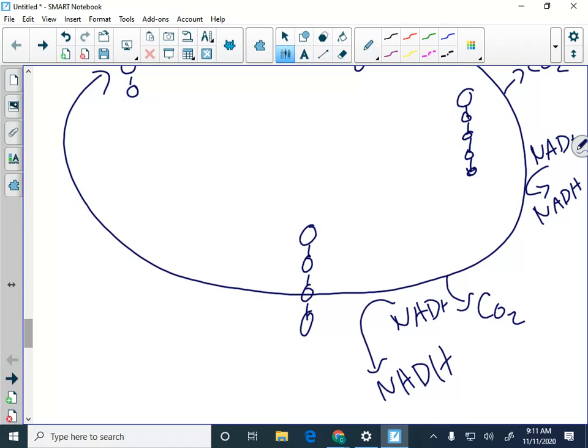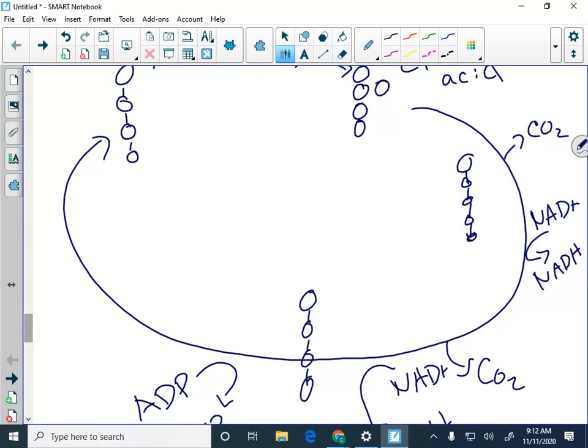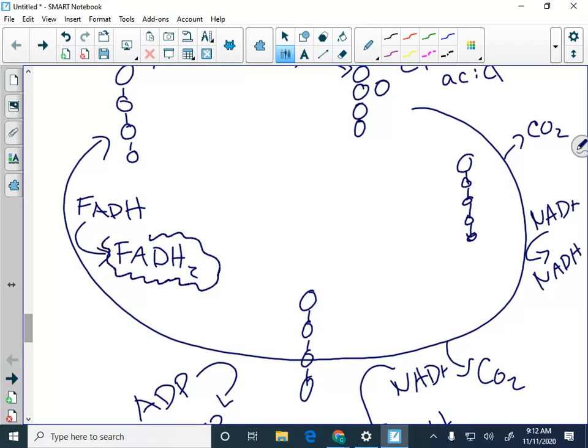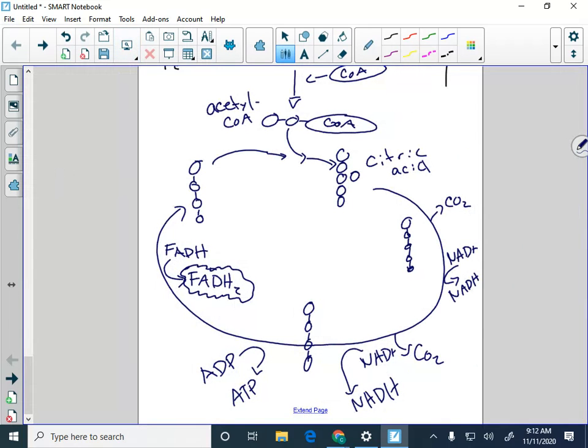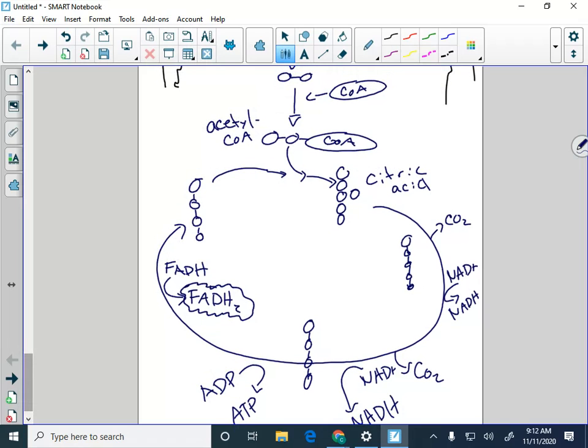But that 4-carbon is not the one that we need, so we're going to break it down a little bit more, get some ADP, make some ATP. And there's one more step in here where we take some FAD and get some FADH2. FADH2 is the energy one. So I know that's a little wonky, but that's the citric acid cycle.